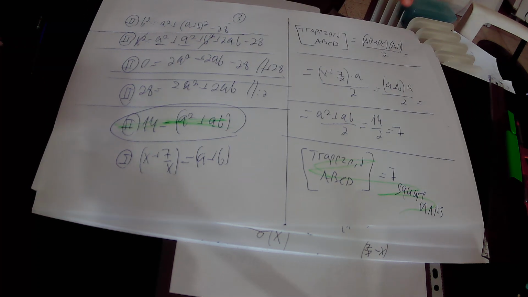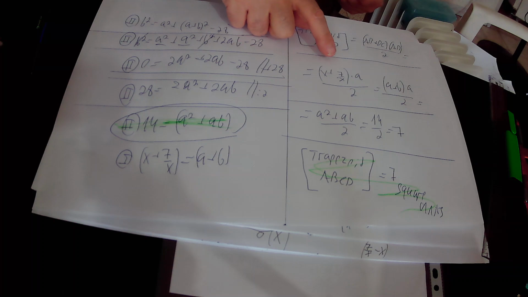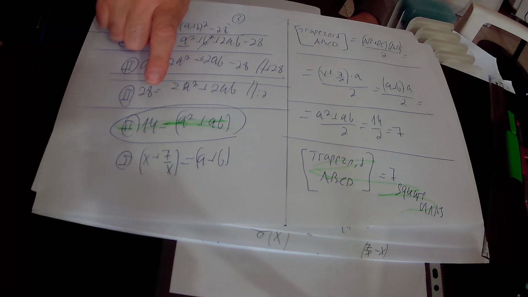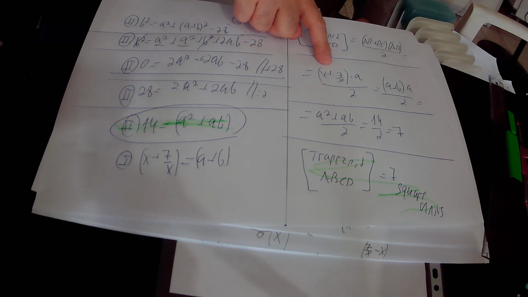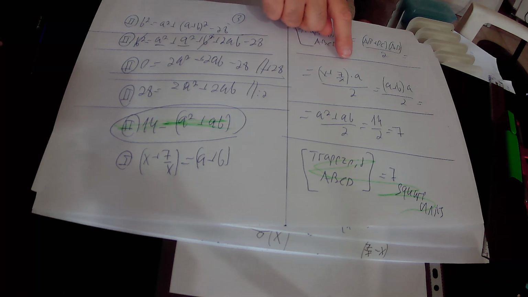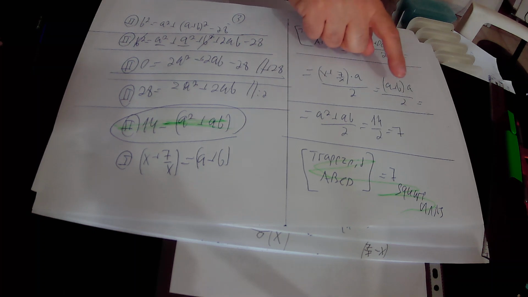So in total, we found out that x plus 7 over x times a over 2 is the area of this trapezoid ABCD. But according to equation 1, x plus 7 over x is a plus b. So we can substitute x plus 7 over x by a plus b. We did it and found out that the area is a plus b times a over 2.